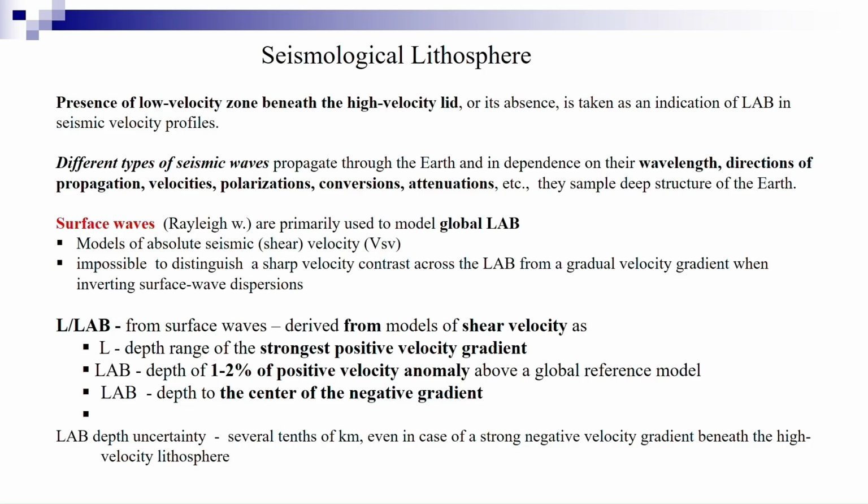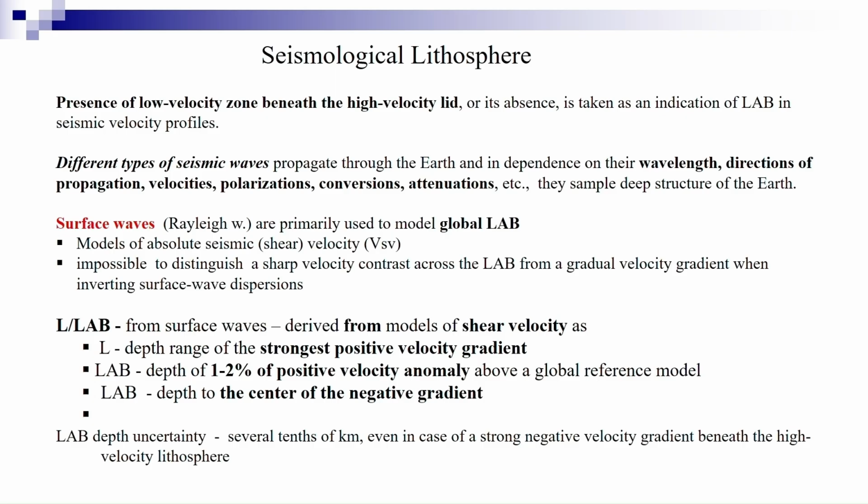Surface wave models of absolute shear velocities (VSV) are primarily used to model global LAB on the Earth. However, when inverting surface wave dispersion, it is impossible to distinguish the sharp velocity contrast across the LAB from a gradual velocity gradient.